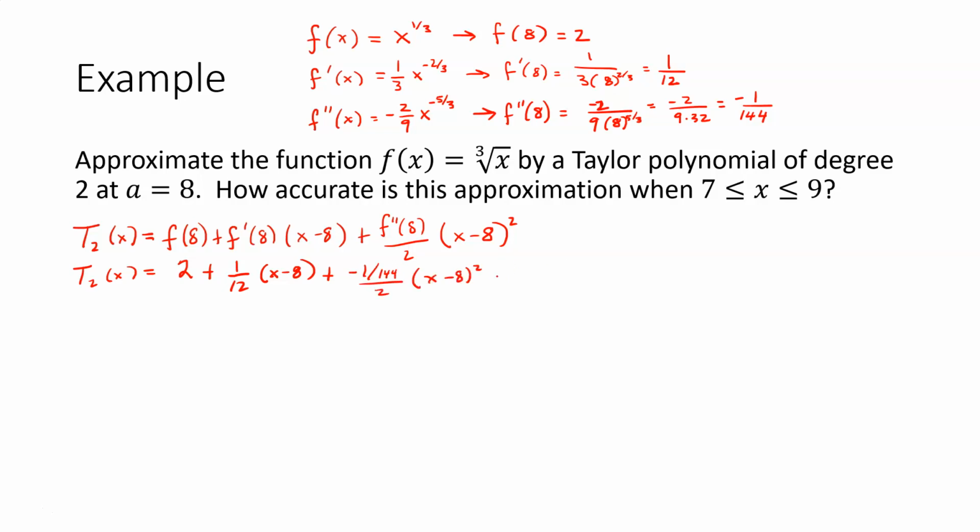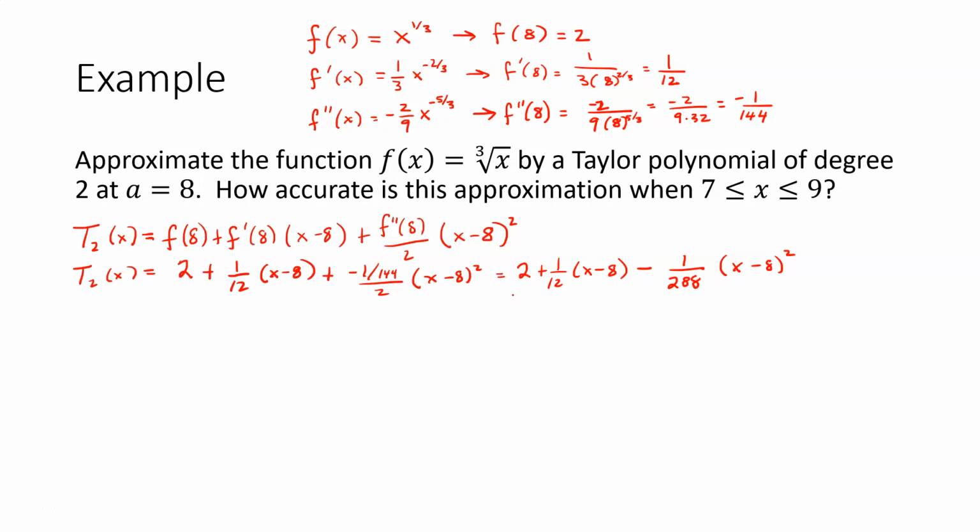So here let's simplify that last coefficient. It'll be 2 plus 1 over 12 x minus 8, and then this one simplifies to minus 1 over 2 times 144, so 1 over 288, x minus 8 squared. Okay.